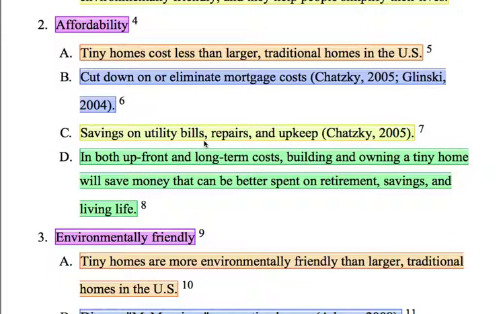So you would give examples of savings on the utility bills and repairs and all those sorts of things from tiny homes versus traditional homes. And this is another paragraph in and of itself. So really the main point of affordability has 1, 2, 3 topics underneath that, which are 1, 2, 3 paragraphs.